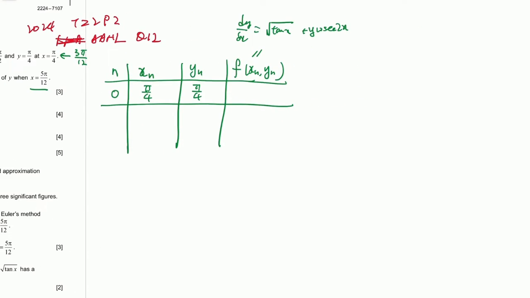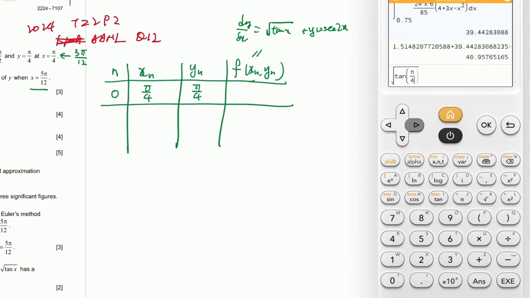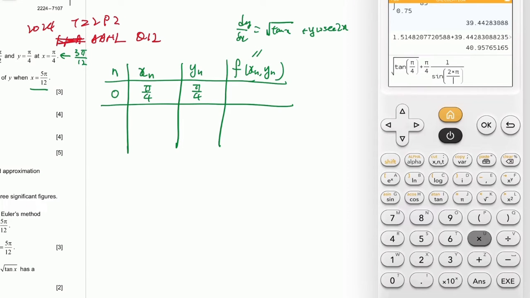And f(xn, yn), I need to calculate that. It's root tangent pi over 4 plus y, what's y? Also pi over 4. Cosecant is 1 over sine, 1 over sine of 2x, so 2 times pi over 4.